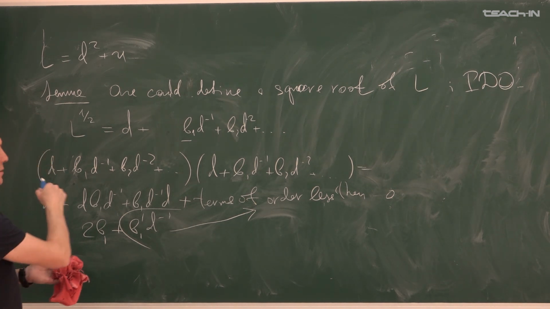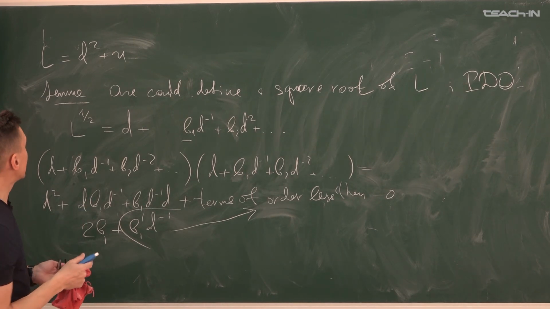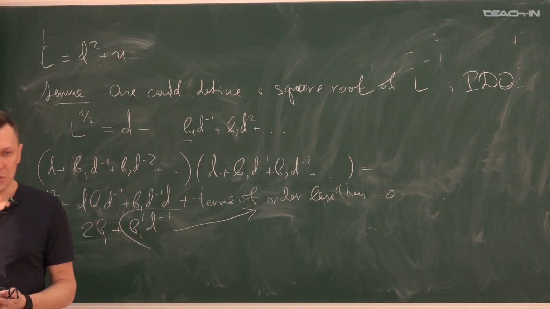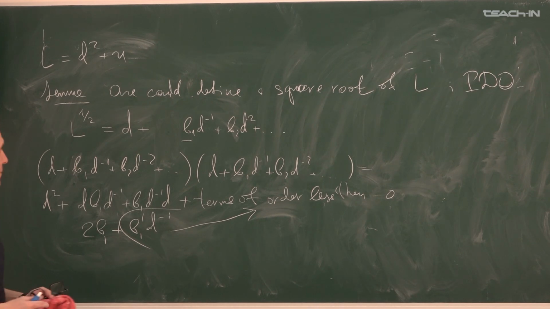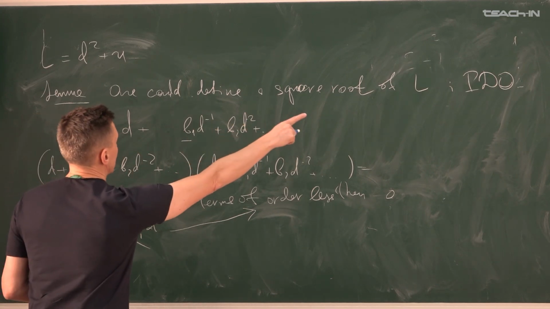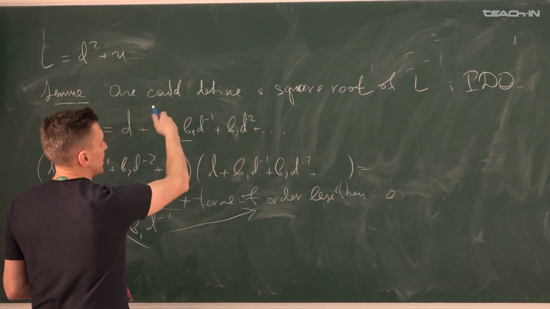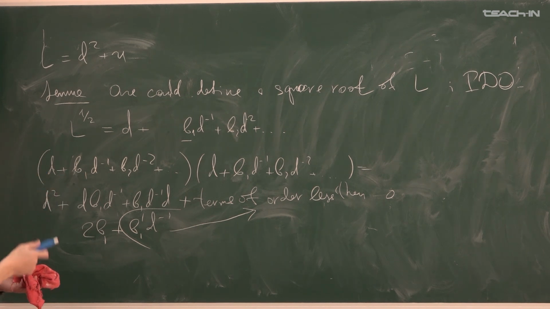And my statement is that all other coefficients will be defined uniquely if you're solving such a problem of finding the square root of a differential operator of such type. So lemma: one could define a square root. It means that as a series in this algebra of pseudo-differential operators, it exists. It is defined uniquely. Okay.